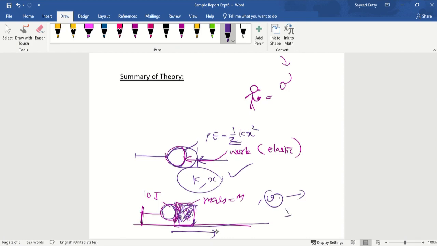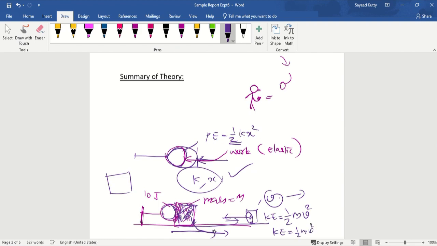Everybody knows that that energy is called kinetic energy, and that is equal to half m v square. I can calculate the kinetic energy because I know the mass, or if I don't know, I have a lab balance, so I can easily measure the mass. Also we have a photo gate or a motion detector here. With the help of the motion detector, I can measure its velocity. So I can easily calculate the kinetic energy.